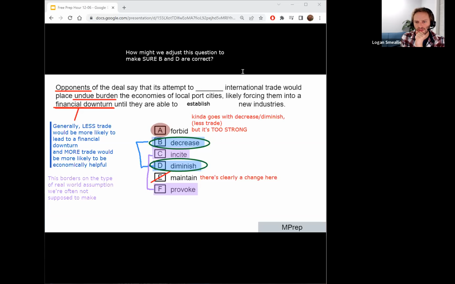But I wonder if we can get something even more concrete. I've got something in mind now, but I'm curious to hear if y'all have anything else that you think might help secure B and D if we were to change this sentence.